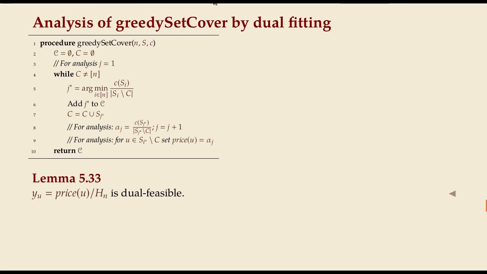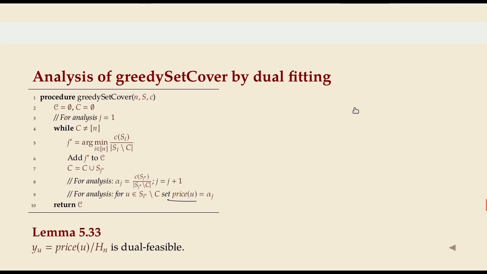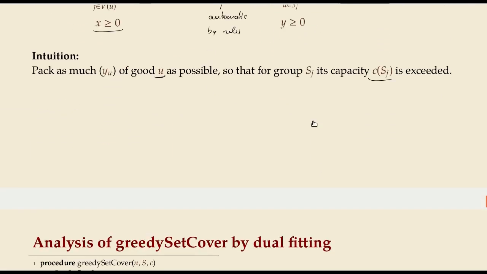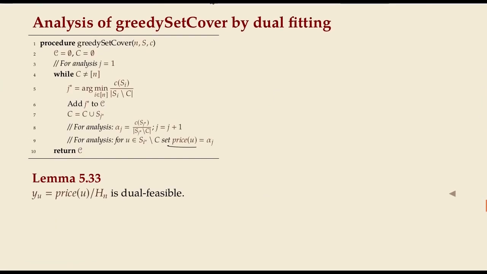Now this algorithm computes for each element of the universe a certain price. And this can be interpreted as one of these dual variables that have to fulfill certain conditions and so on. But what we see in the algorithm is, so let me write down, price of u is essentially a dual variable.